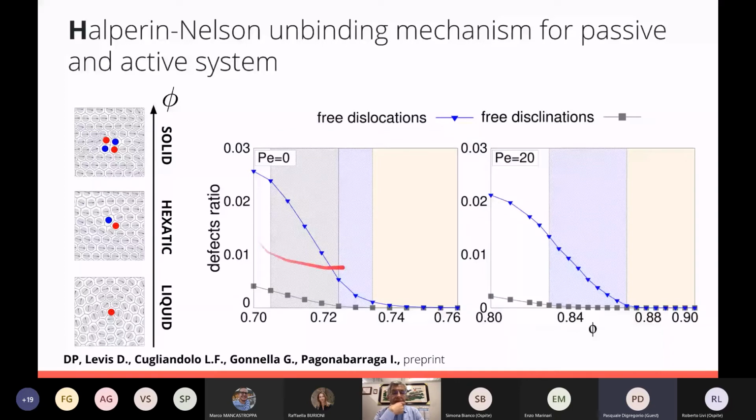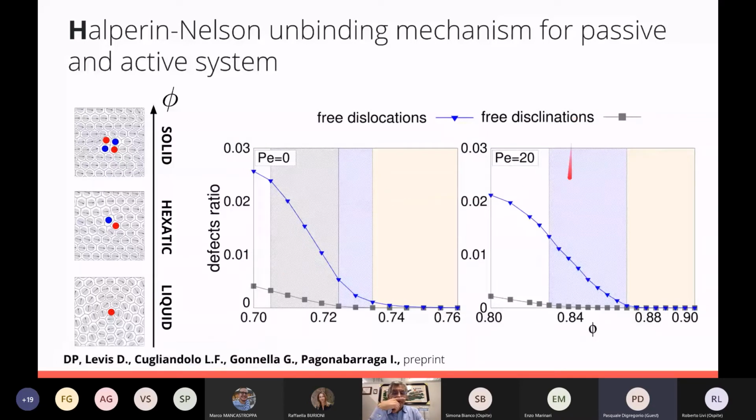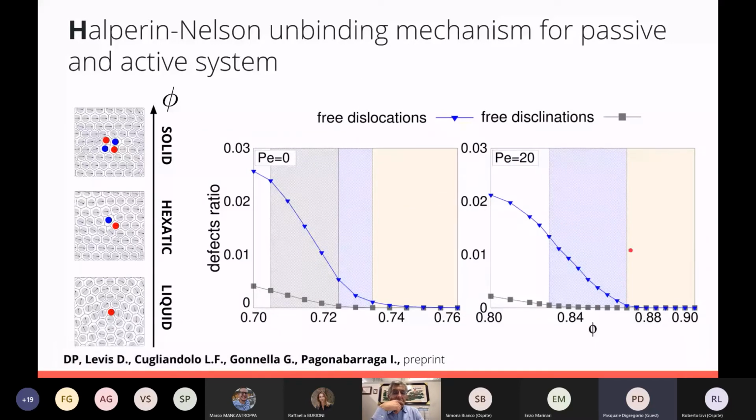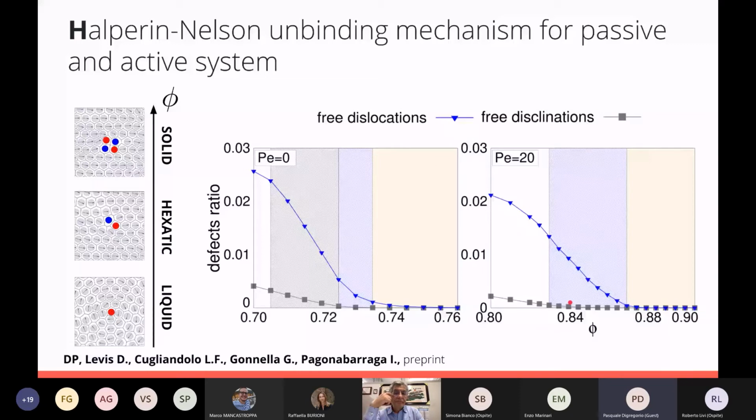As you can see here, we always observe, for the Péclet 0 case and all the values of Péclet we explored, that free dislocations proliferate across the solid to hexatic phase transition, while free disclinations are excited when we move from the hexatic to the liquid.